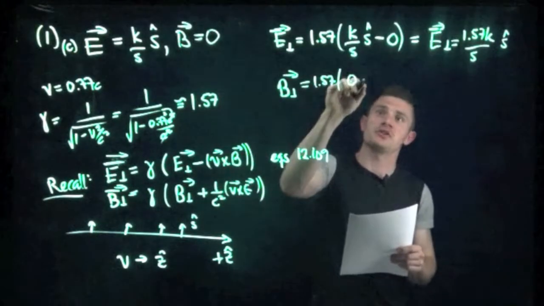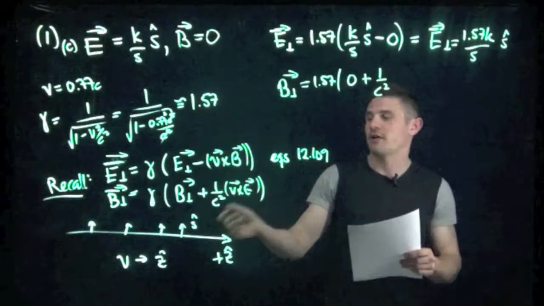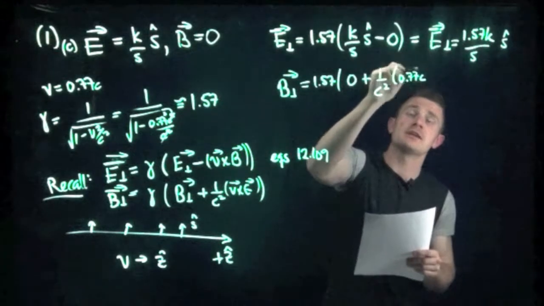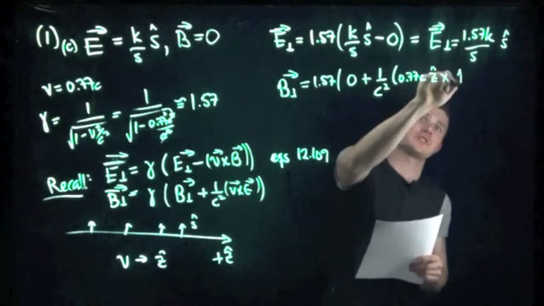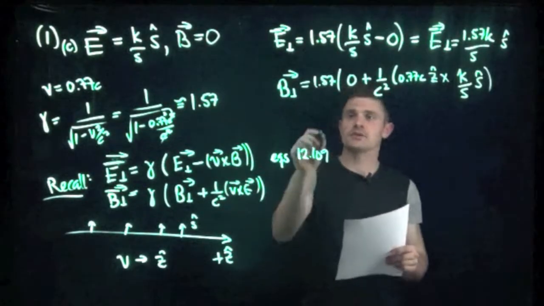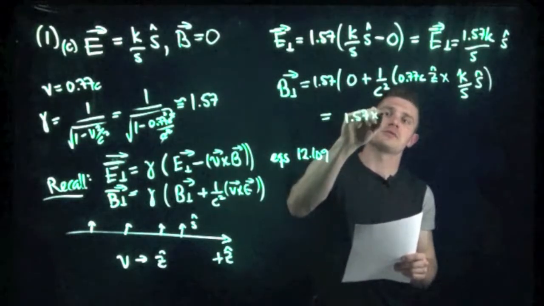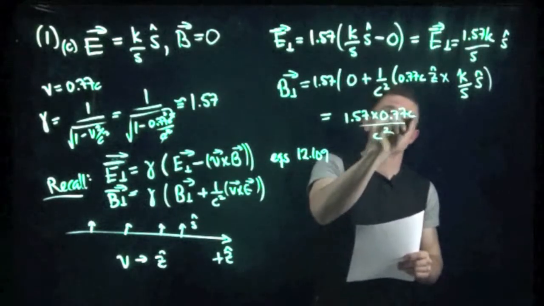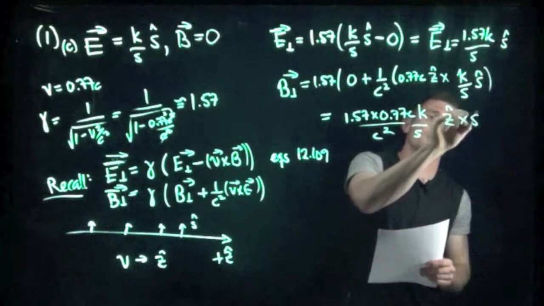Okay, so now the magnetic field component that she observes is given by gamma, so 1.57, multiplied by the magnetic field observed originally, which was 0, plus 1 over c squared multiplied by the velocity, which is 0.77 c in the z hat direction, crossed with the electric field, which is k over s hat. So we can pull everything out and we get 1.57 times 0.77 c over c squared, k over s, and then our vector component is z hat cross s hat.